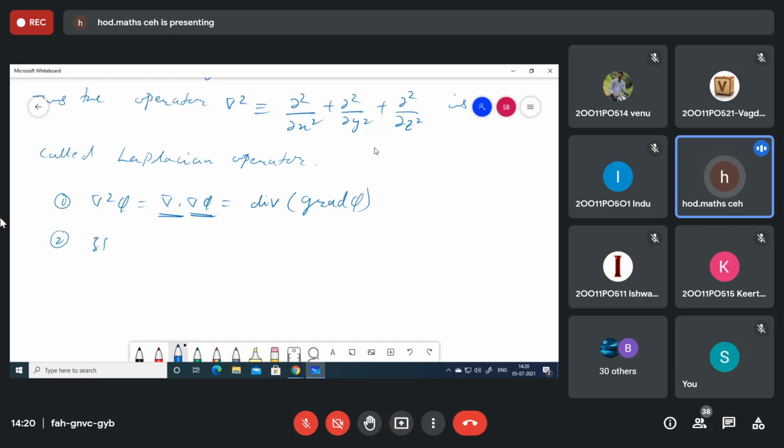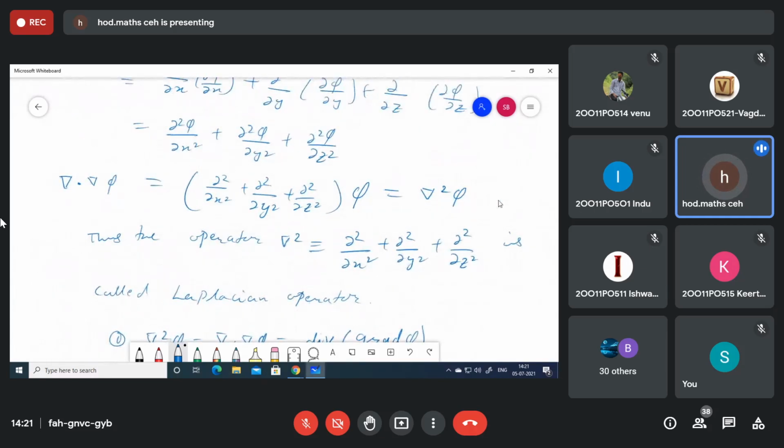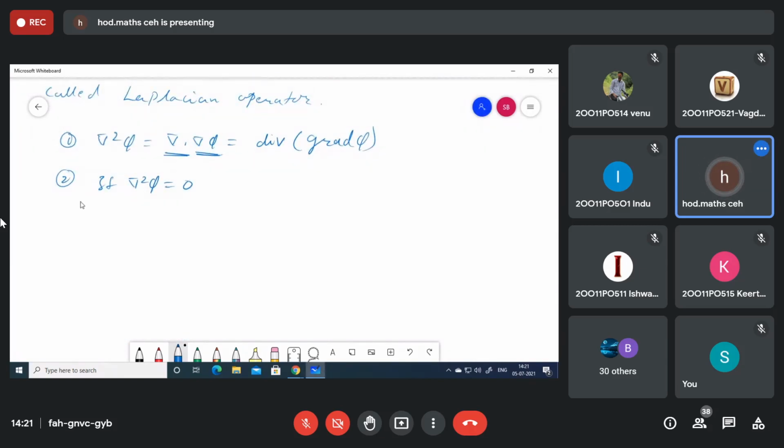Second point, suppose del square phi is equal to 0. Now this del square phi is a scalar function only you will get. Is it or not? As you can see, no vector at all. Only scalar function. So the result is a scalar point function. If this is equal to 0, then phi is said to satisfy the Laplacian equation. This we will learn in harmonic functions.